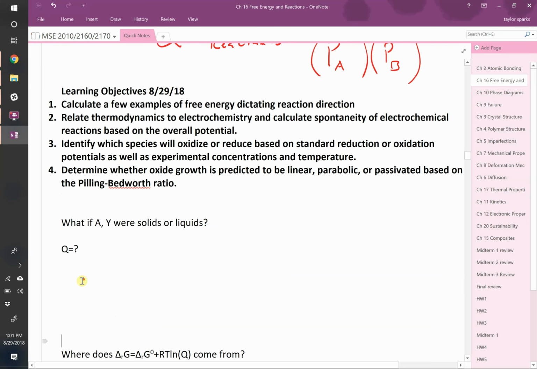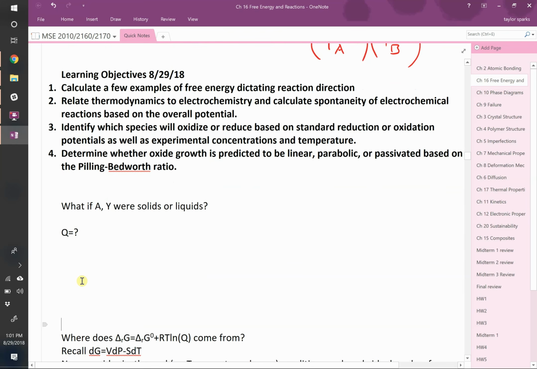Let's say component A and Y were solids or liquids. So again, if you have N sub A moles of component A and N sub B moles of component B, reacting with N sub Y moles of component Y and N sub Z moles of component Z. This time we're going to say that A and Y are either solids or liquids, whereas B and Z are partial pressures.